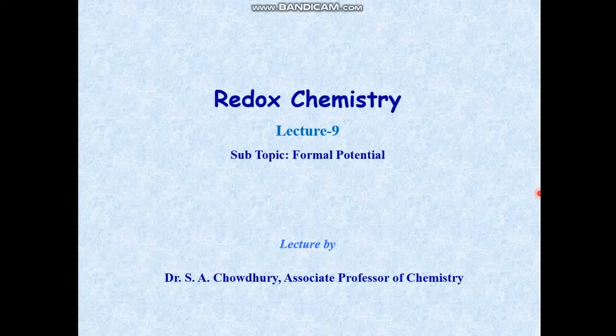Hello everyone. In the Redox chemistry chapter, our topic today is formal potential. You have heard about the standard electrode potential, which is denoted as E0, but there is another standard electrode potential which is actually derived from experimental observations.